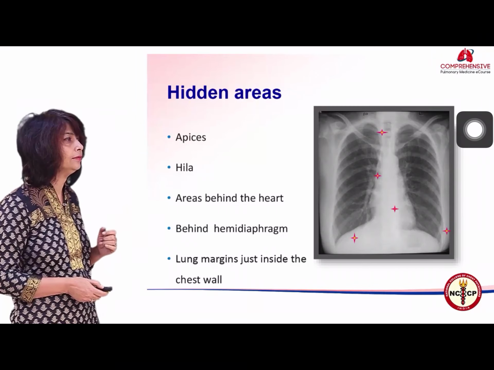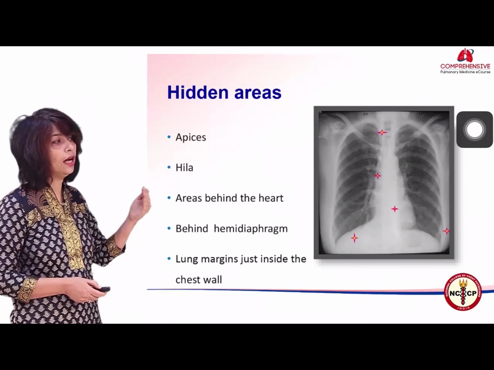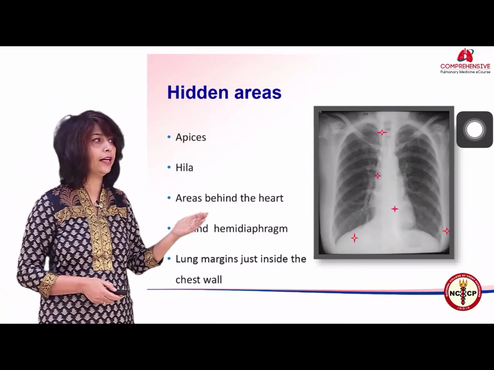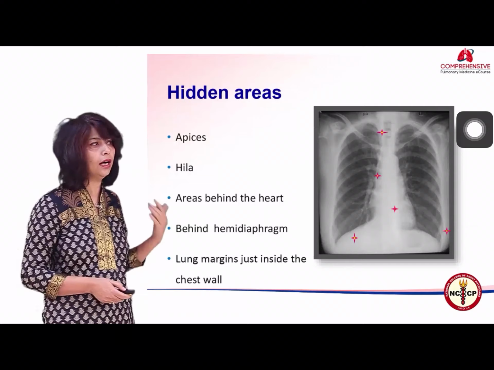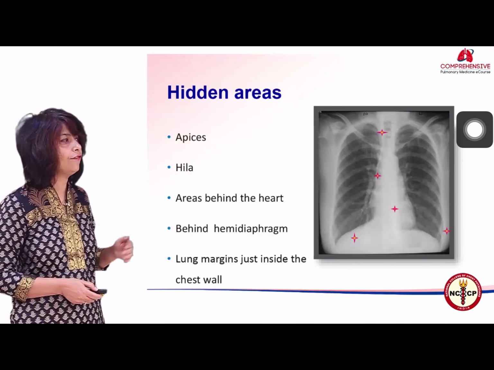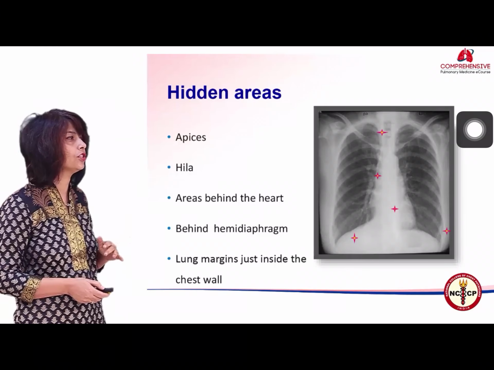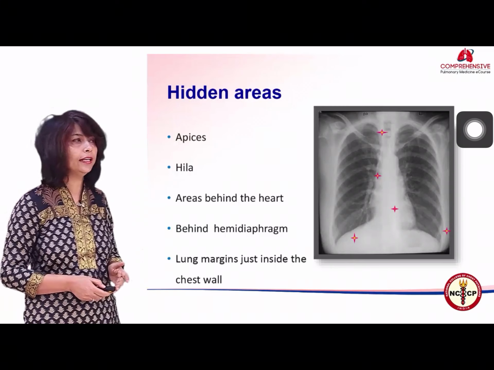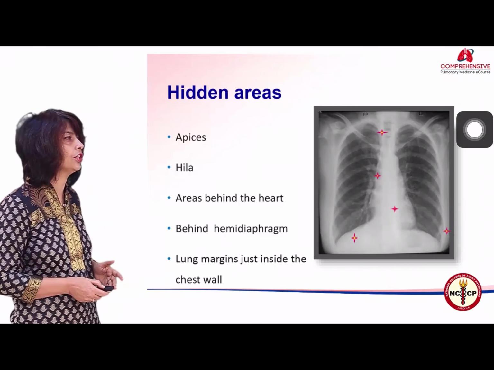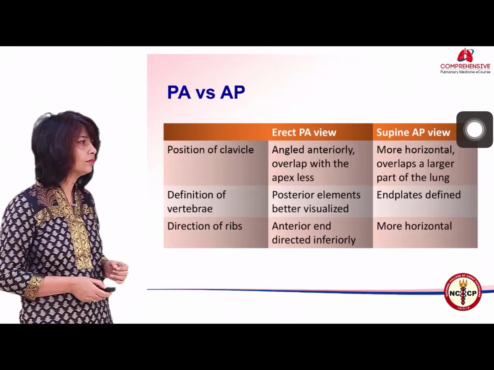The hilar, the retrocardiac location. See, the lung in the posterior costophrenic angle is extending behind the diaphragm also. So do not forget the retrodiaphragmatic area and the peripheral lung margins. These are referred to as the hidden areas on the chest radiograph, which have to be specifically looked for.